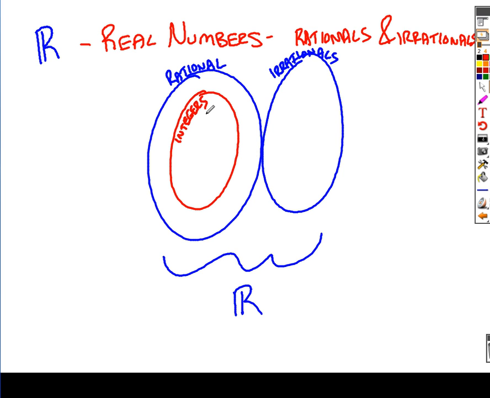And inside the set of integers would be another set, which would be our whole numbers. And then within our whole numbers is the final set, what we originally started with, our counting numbers. And the whole thing combined, rationals and irrationals, gives us our real number system. So there's your crash course on our number system.